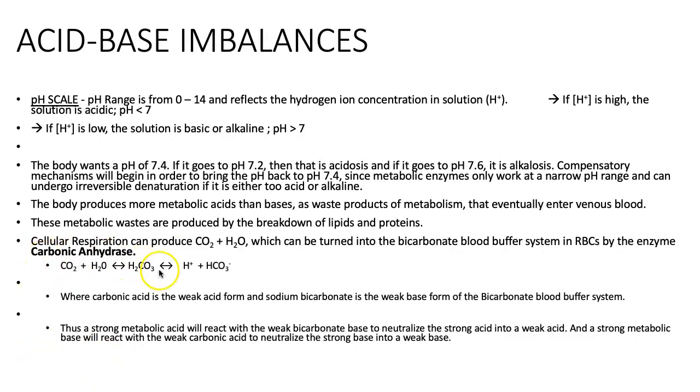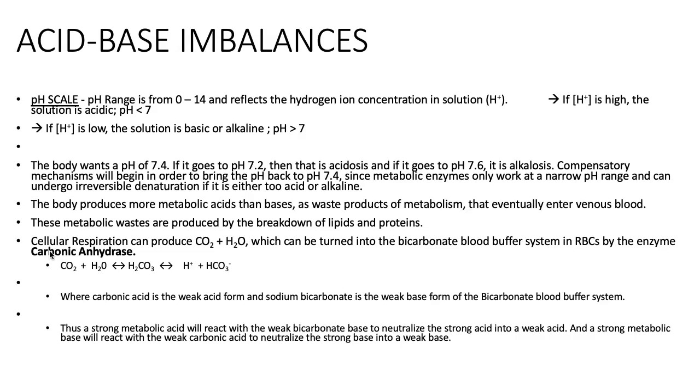I do want you to know that the body wants 7.4 in arterial blood, that if you go below 7, you will do irreversible damage to the metabolic enzymes of the cell, and they cannot recover, so you die. If you go above 7, you are in alkalosis, and again, metabolic enzymes only operate in the 7 range.